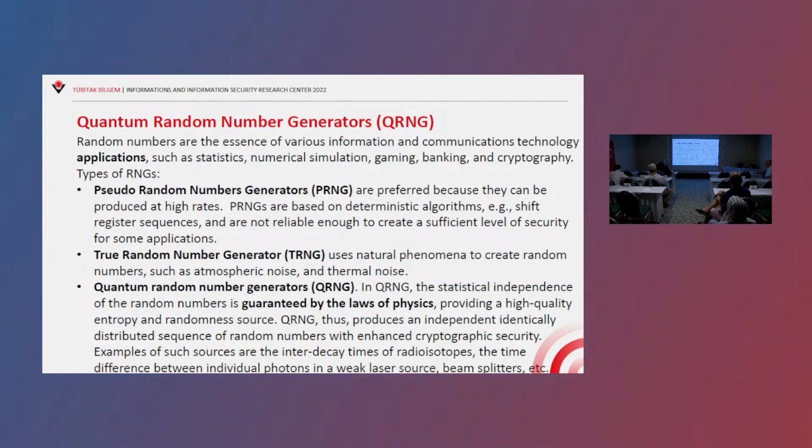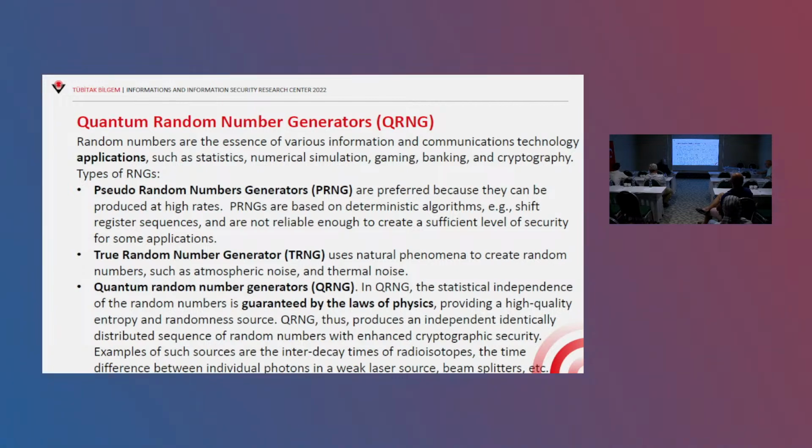Random number generators can be classified as pseudo-random number generators. These depend on deterministic algorithms. They appear random, I mean, if you look at the autocorrelation function, they appear random, but they are deterministic. They typically use shift register sequences and other deterministic algorithms.